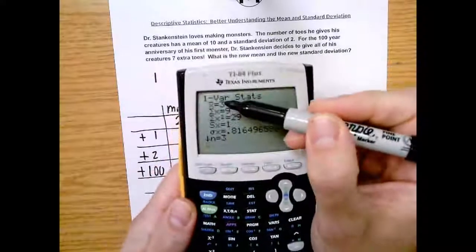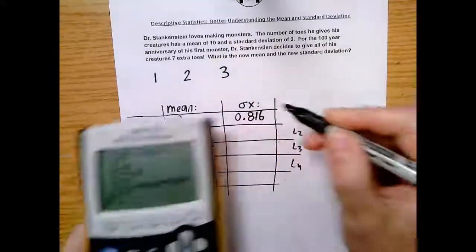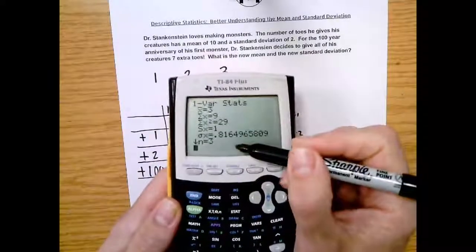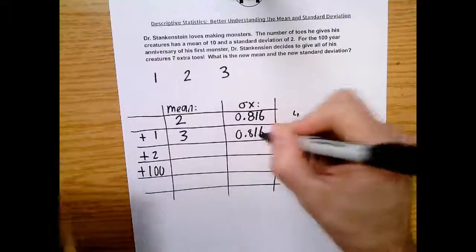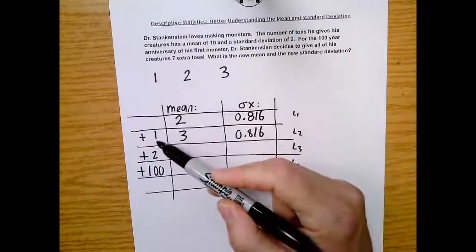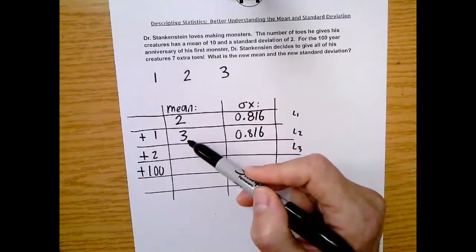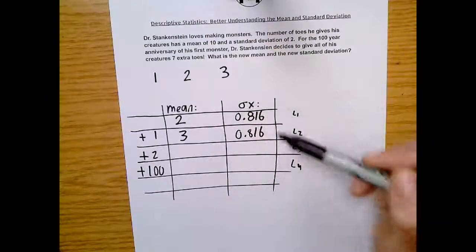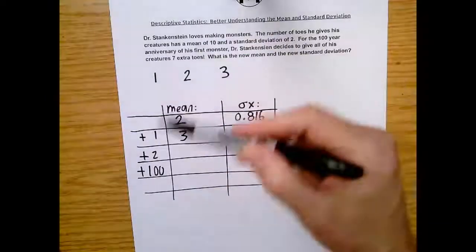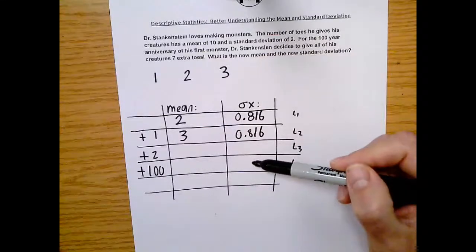You see the mean is 3, and we see that the standard deviation is 0.816. So when we added 1 to the data set, the mean went up by 1. At this point, you can see the standard deviation didn't change. And I bet you could guess the next mean and standard deviation for the other two, right?